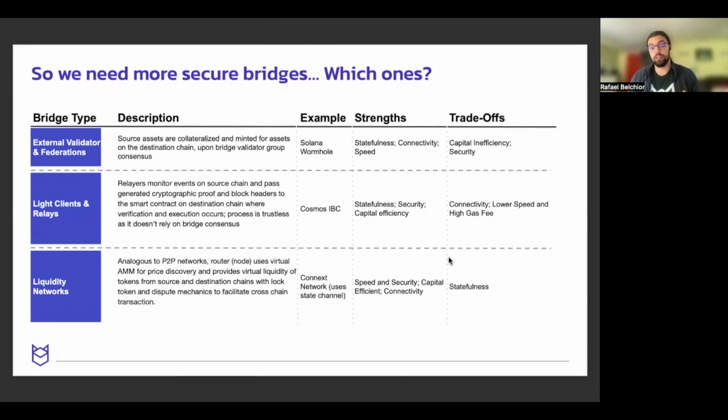Liquidity networks typically utilize hash time lock contracts, which are expensive. On the other hand, light clients utilize a light client algorithm implemented as a smart contract on a target chain to validate facts that occurred on a source chain, such as transaction inclusion. And we are interested mostly in these types of solutions because they do not introduce any trust assumptions other than that the underlying chains are secure, and the cryptographic protocols that we use to implement the light clients are secure.